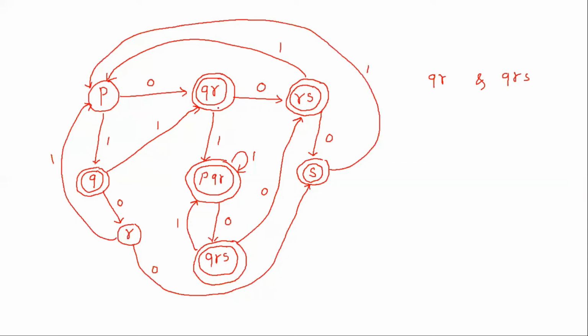Then QR state for the input 1 goes to PQR, and QRS state for the input 1 goes to PQR. So here QR and QRS are equivalent states. So here we can replace this QRS by QR, and we can draw the resultant DFA. So here let us draw the resultant DFA.